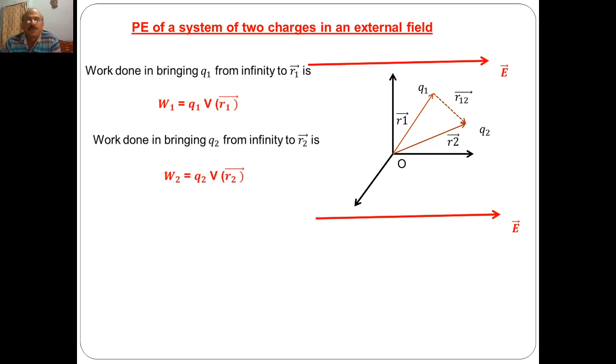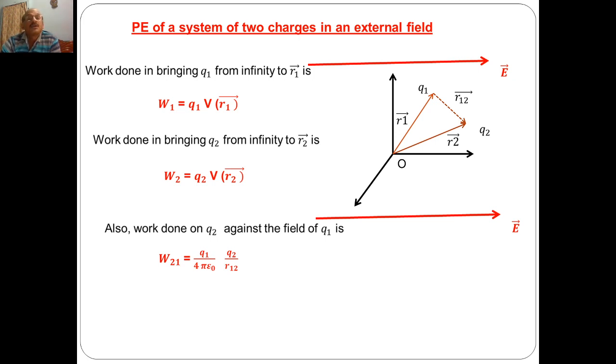And due to q1, also there will be a potential at q2. So work done on q2 against the field of q1 is q1 q2 by 4 pi epsilon naught r12.